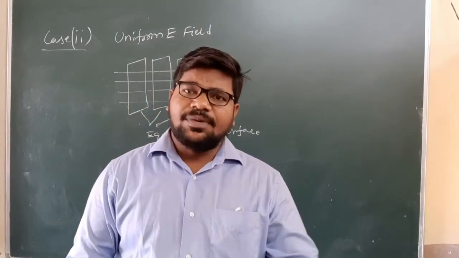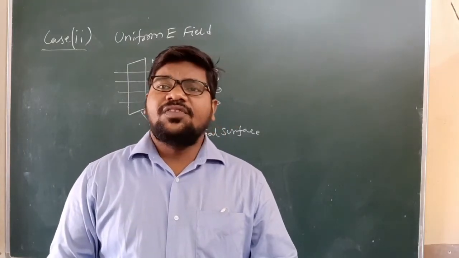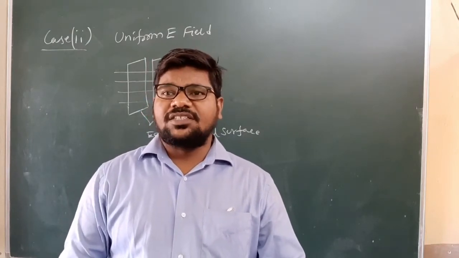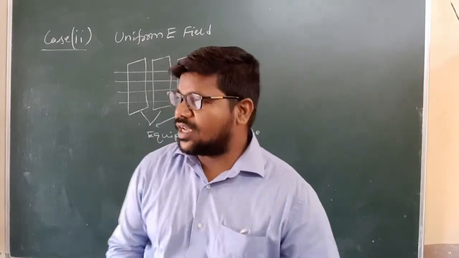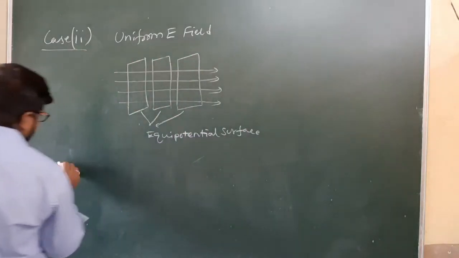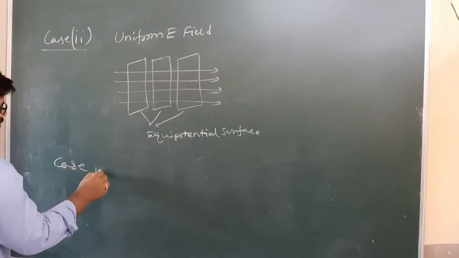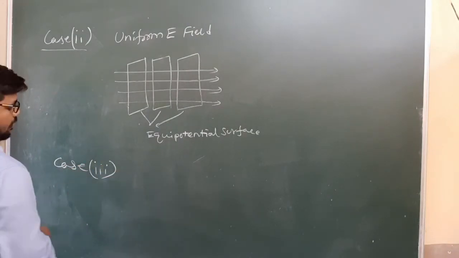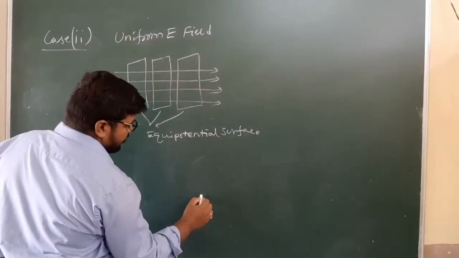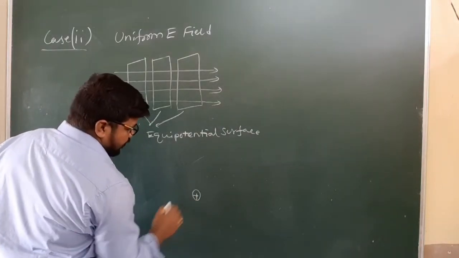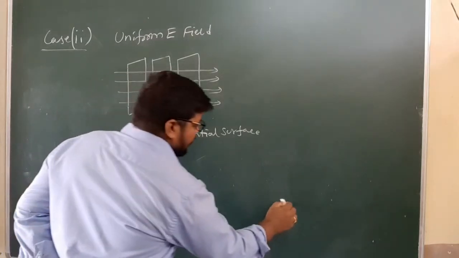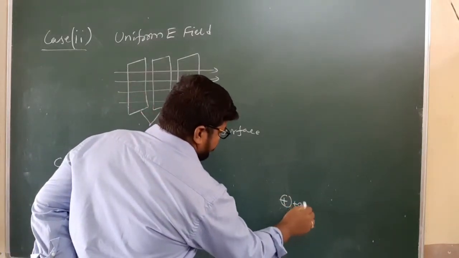So coming to equipotential surfaces due to two identical positive charges, shown below. Okay, see here, case 3, equipotential for two equal magnitude charges, meaning two positive charges, plus q and here one more plus q.